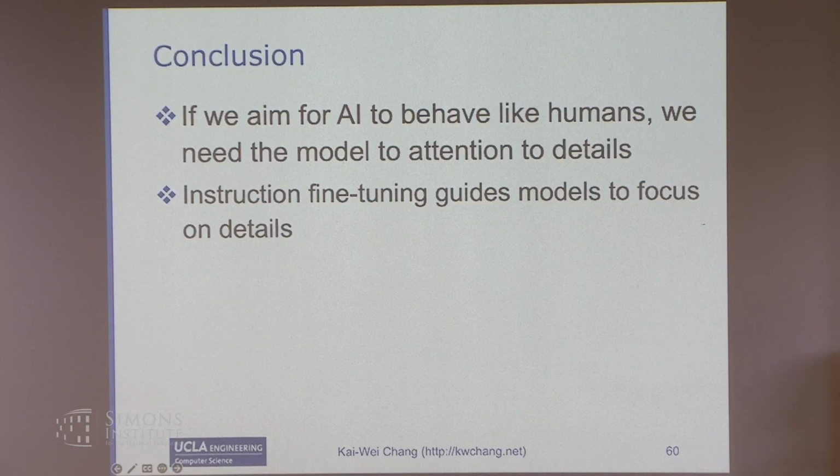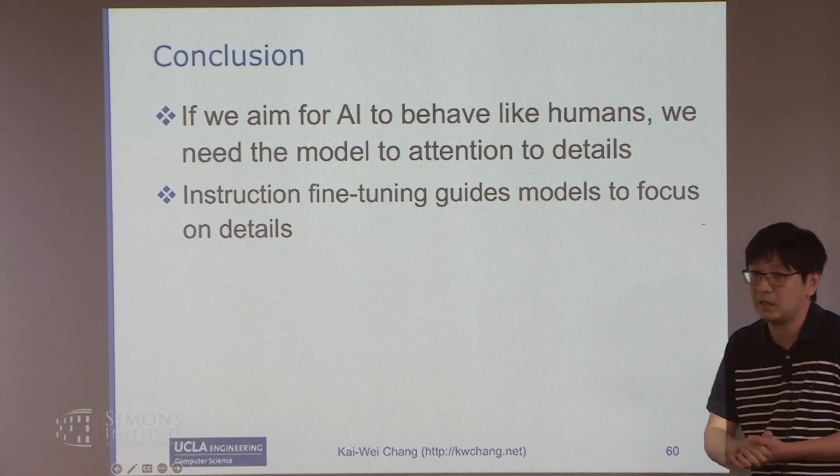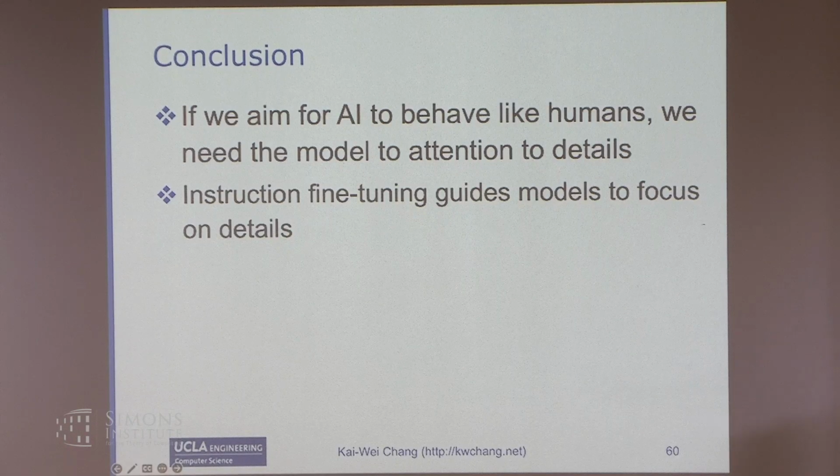Maybe let me stop here. Basically we believe that if you want the model to solve complex tasks, it needs to be able to look at the detail. And we find that doing instruction fine-tuning so that the model can generate a helpful caption is important to achieve that. Okay, thank you everyone.